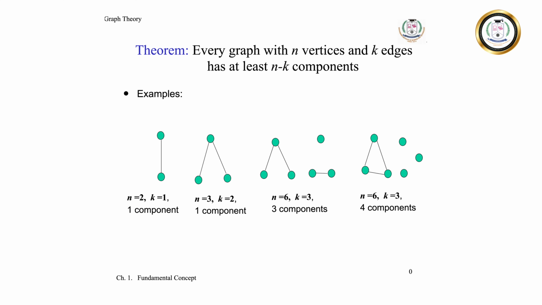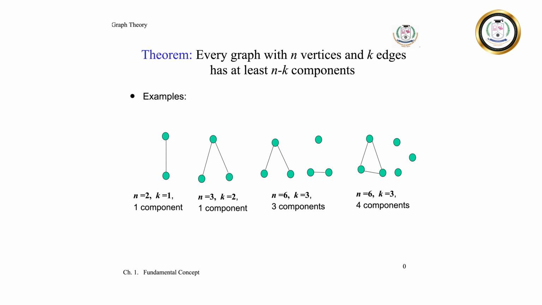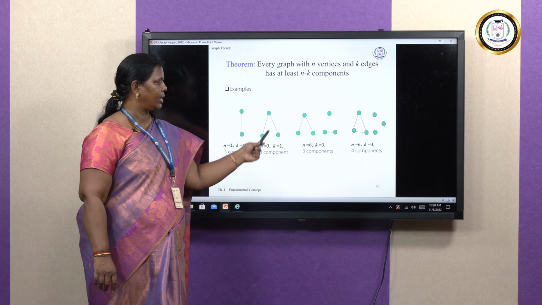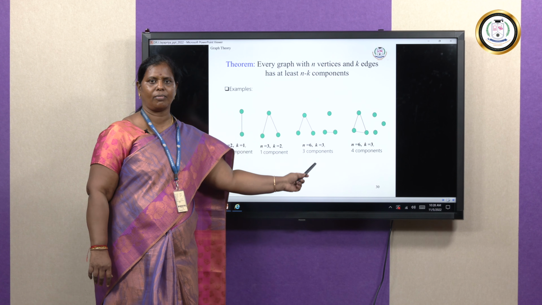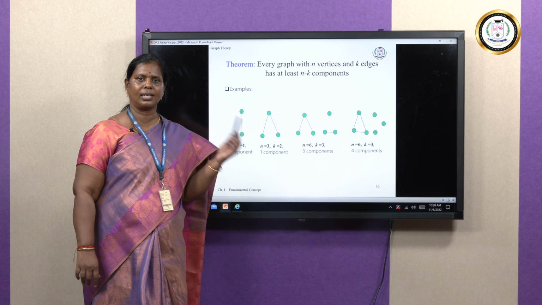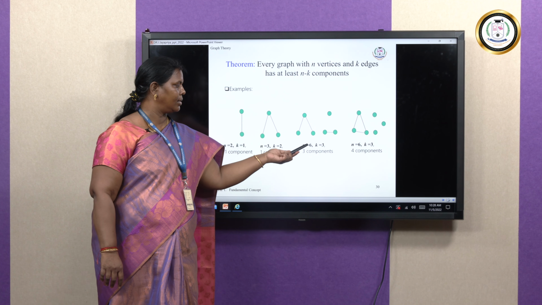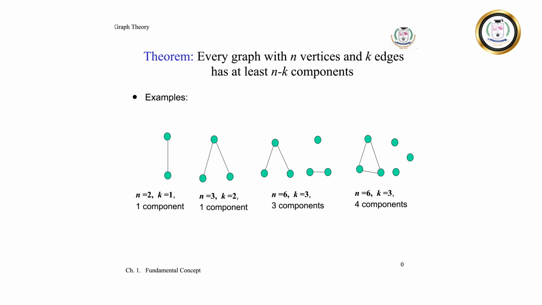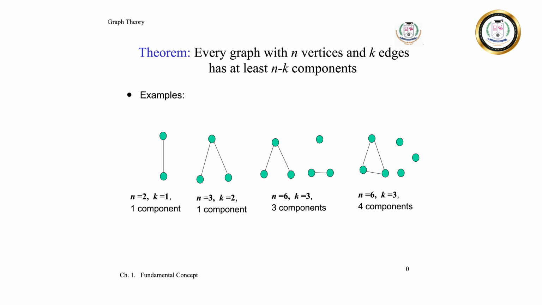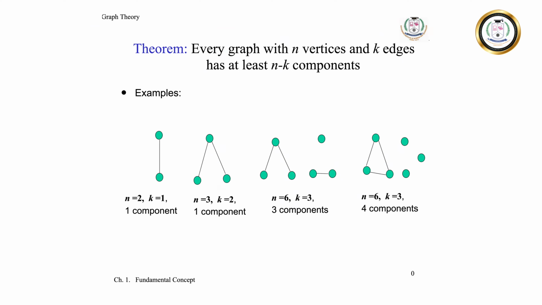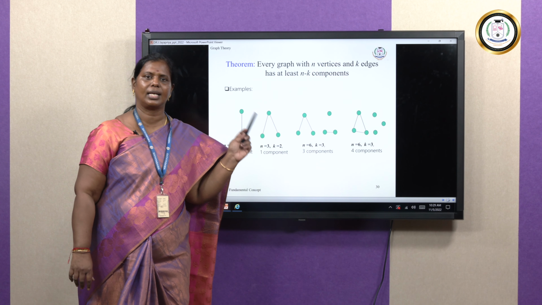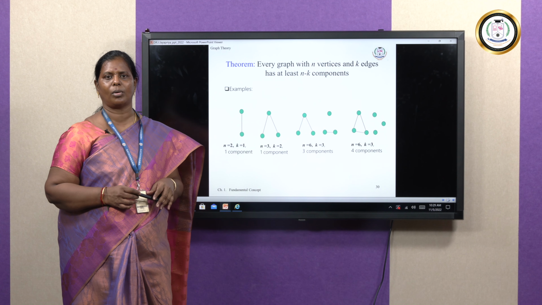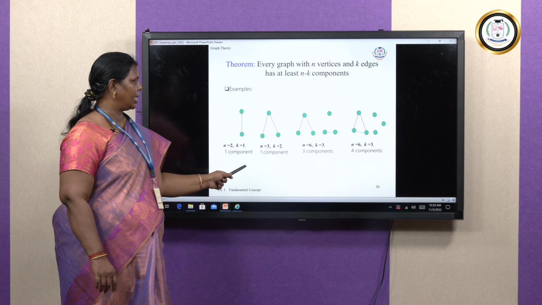Now, if a graph has three vertices and two edges, it again has one component, and here are the other examples where the graph has three vertices and three edges, and six vertices where we are able to identify 4 components. So this is a result in graph theory, namely whenever a graph has n vertices and k edges, then the number of components will be at least n minus k.